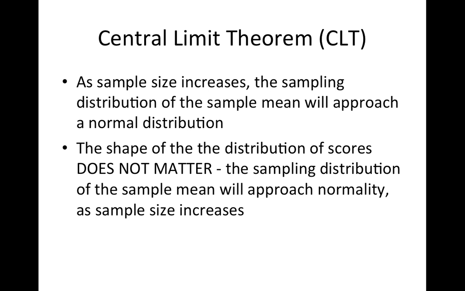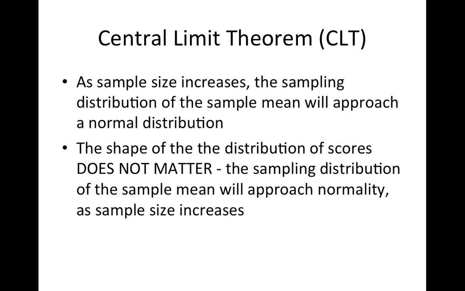The central limit theorem, if you think about it after a while, blows you away. As the sample size increases, the sampling distribution of the sample mean will approach a normal distribution. And what I tried to demonstrate in the previous couple slides is that the shape of the distribution of scores, that is the probability distribution of scores, does not matter. The sampling distribution of the sample mean will approach normality no matter what.